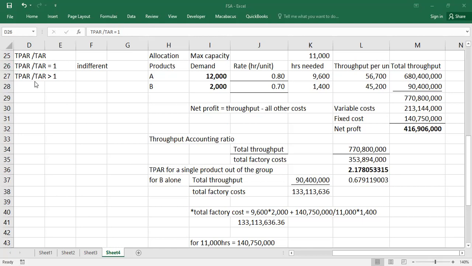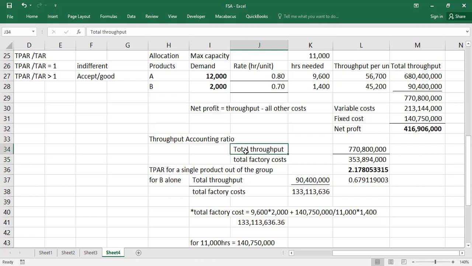So if it is greater than 1, then you just accept, or we say it is a good performance. Why? Because throughput is like contribution, like profit. Whenever the figure on top is bigger and you're dividing by a smaller figure, you always get something greater than 1.